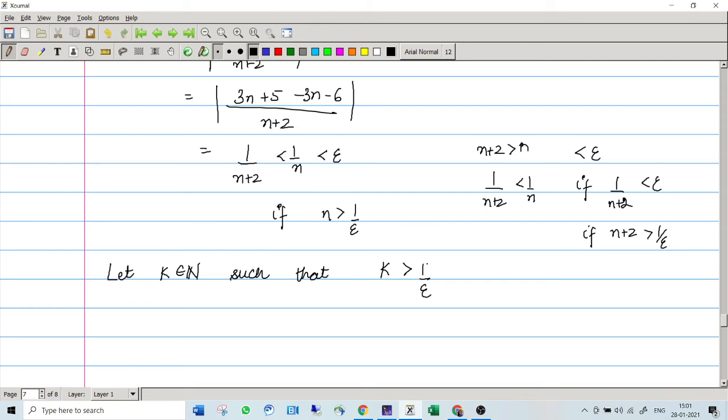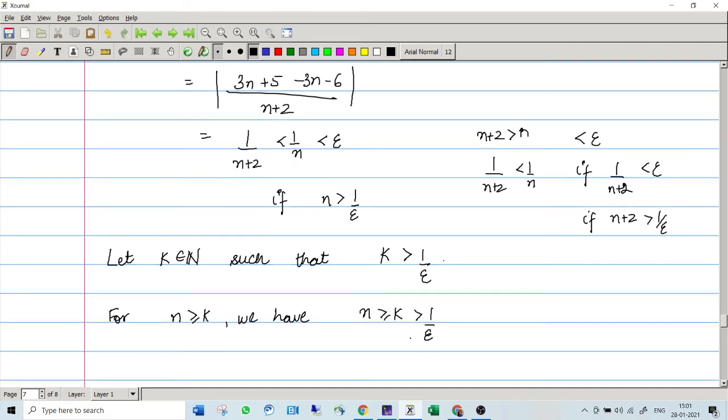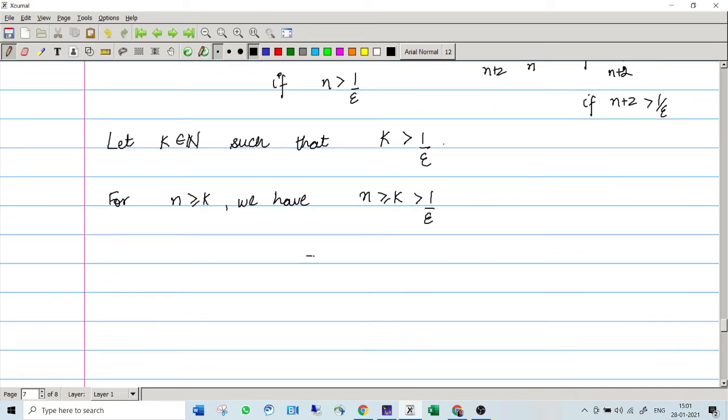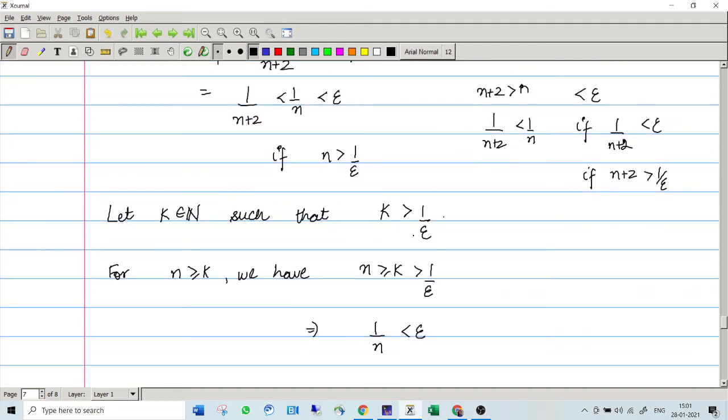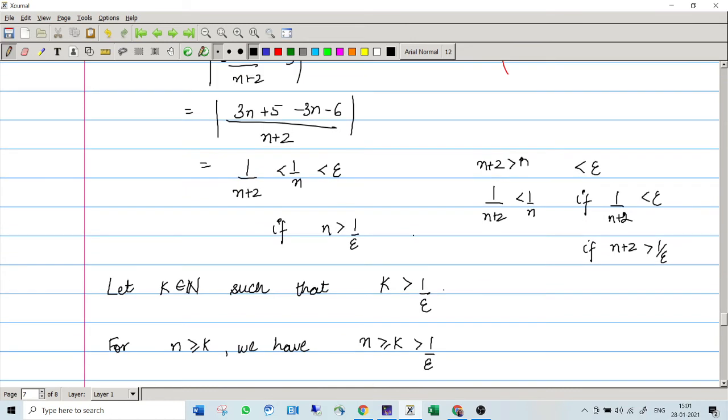Right now you have 1 by epsilon. So for n greater than or equal to k, we have n greater than or equal to k, which is further greater than 1 by epsilon, which implies 1 upon n is less than epsilon. You can mark it as equation number 1 here.